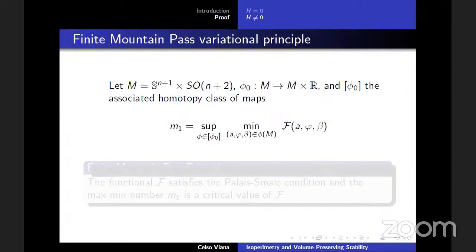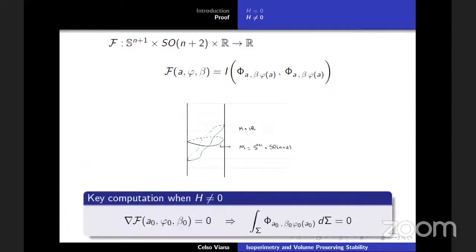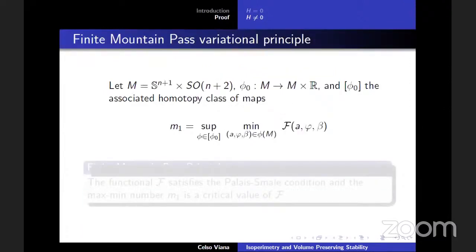The picture is like this: you look at the deformations of your horizontal slice, which is represented here as this green hypersurface. Then you try to minimize the functional on this green hypersurface, and then you maximize among all possible deformations of that horizontal slice. That gives you a number, M1. Of course, you need to prove that it is well-defined, but in the end it will be well-defined, okay?